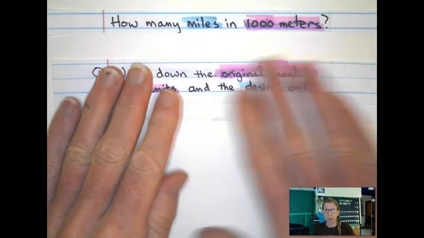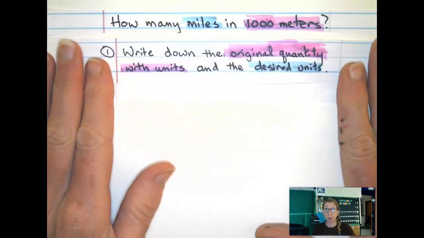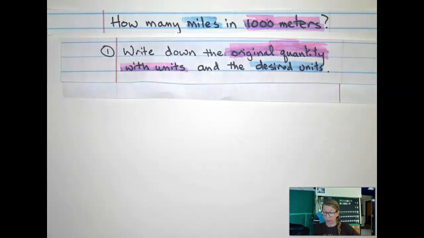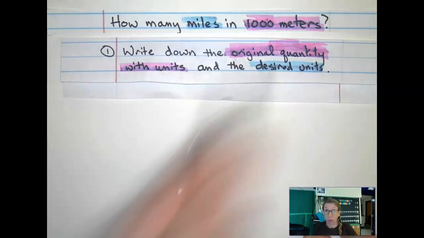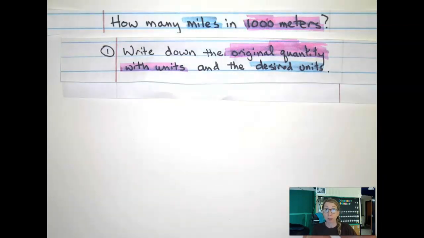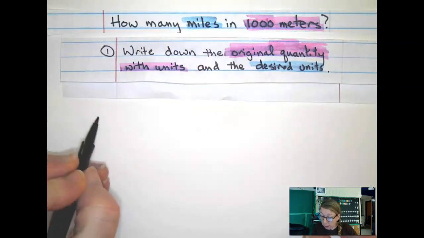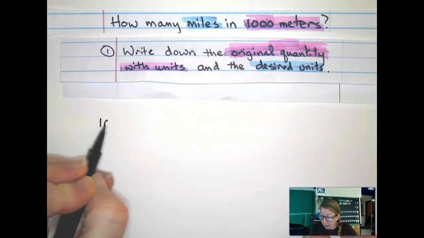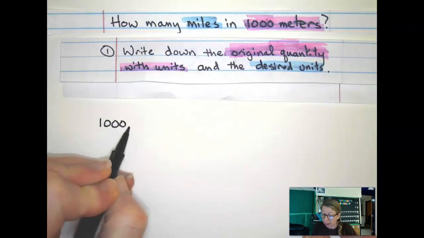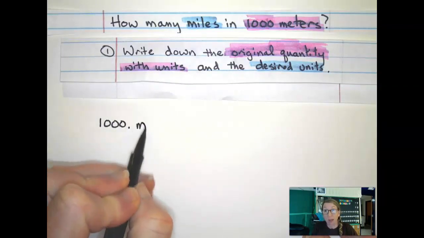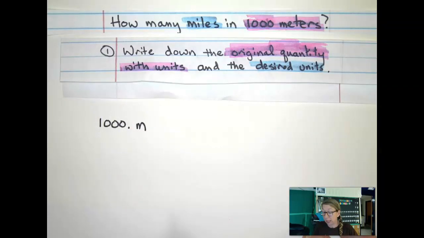So your first step, and don't worry about these notes, I have them posted. Write down the original quantity with units and the desired quantity. Here is where I get the most resistance, because you can probably do this in your head. But write down the original quantity, which is 1,000 meters. I'm going to put a dot there saying that's exactly 1,000 meters, not a decimal, not about.